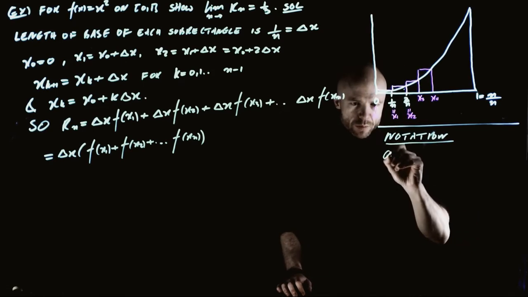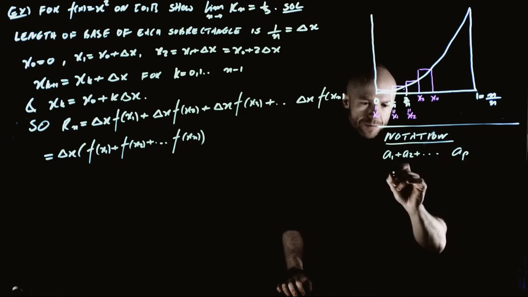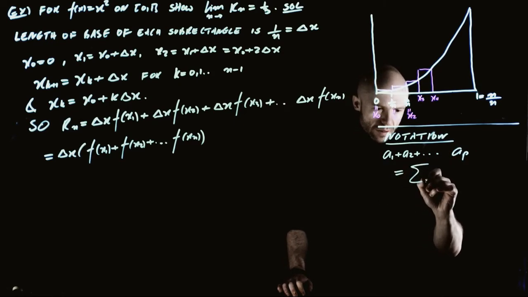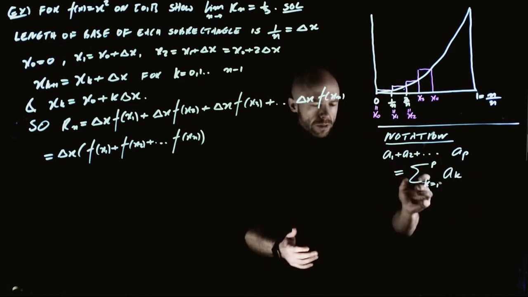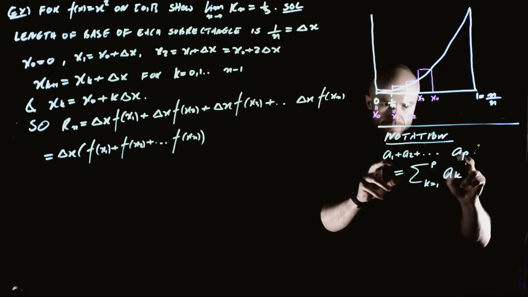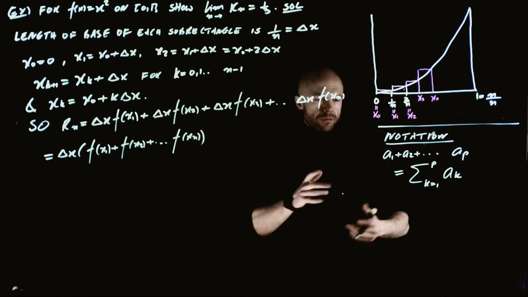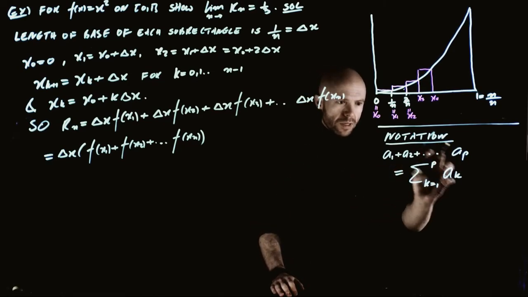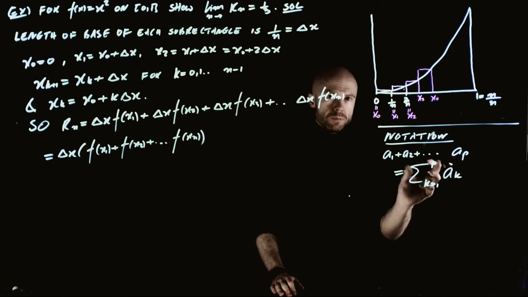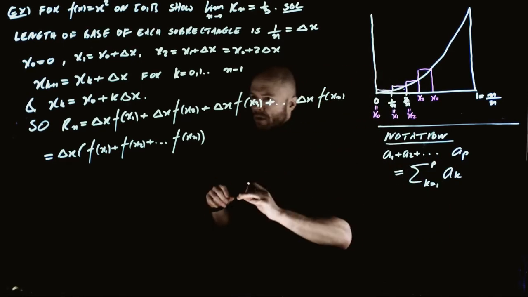If we have these numbers a1 plus a2 plus and so on up to ap, a shorter way to write this is this expression. All this means is exactly this. There's nothing deep here. It is just a way to save writing, to make things a shorter expression. Instead of writing this, it's a bit more slick to write this. That's it.